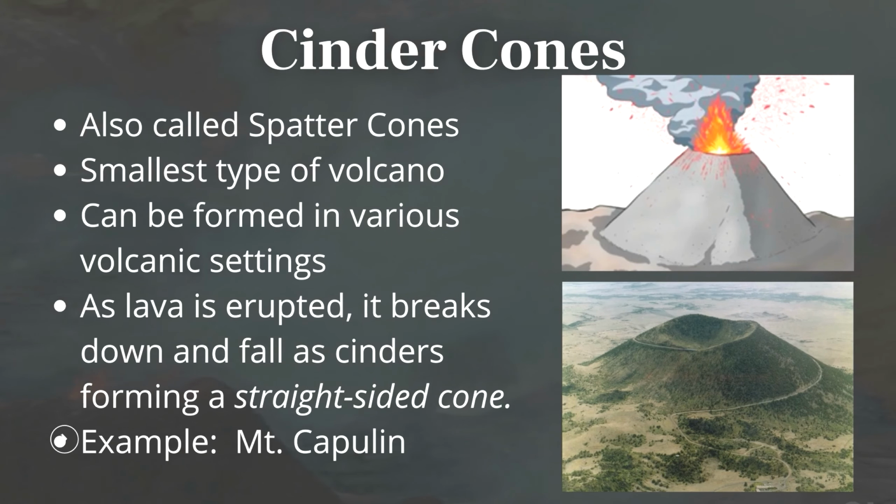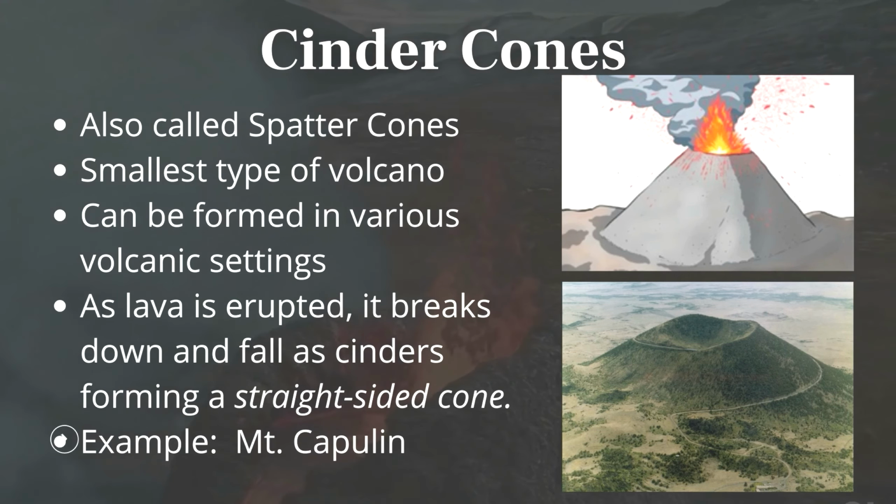Lastly are the cinder cones, also called spatter cones. They are the smallest volcanoes and can be formed in various volcanic settings. Unlike composite volcanoes, cinder cones have straight sides. As lava is erupted, it breaks down and falls as cinders. An example is Capulin Mountain, which has straight sides and is typically less than 200 meters high.